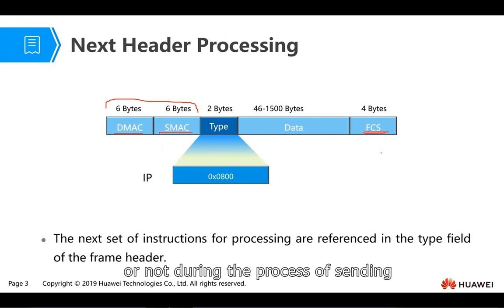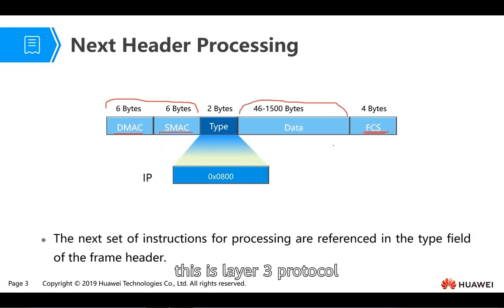And then, as we know, the data presents the layer 3 protocol. In layer 3, there are many different types, such as IP, IPX, and others such as ARP, and so on.